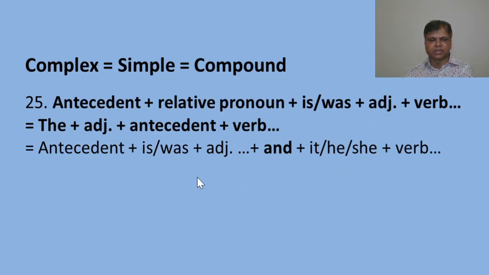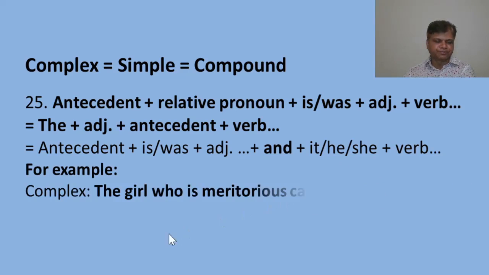If you want to make it a compound sentence, we have to omit the relative pronoun first, then use the antecedent, then auxiliary verb, adjective, and a portion of the sentence. We have to use "and" as a coordinating conjunction, then use it or he or she as a subject and verb and the rest of the sentence. So follow the example.